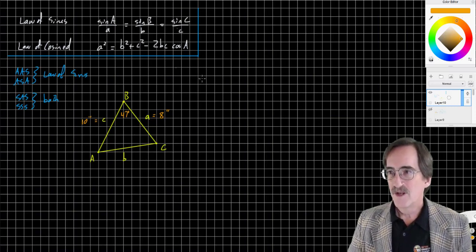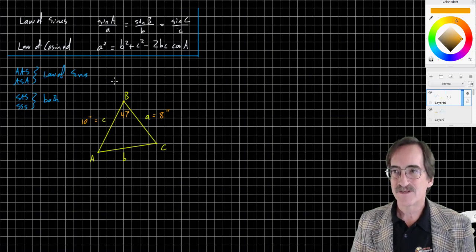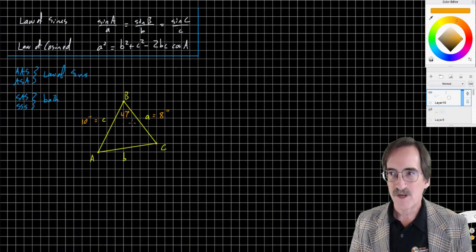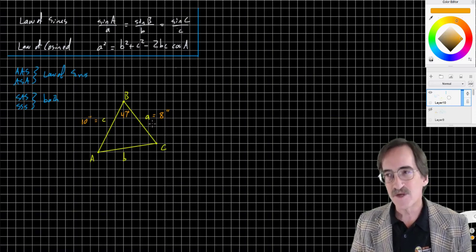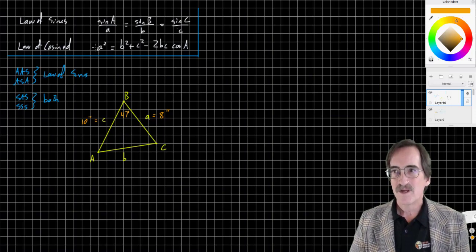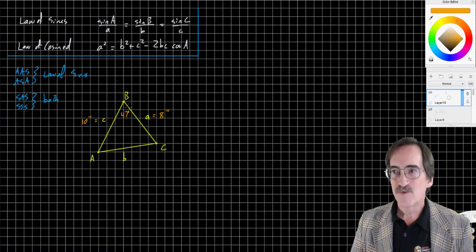If you remember it as a side squared equals the other two sides squared and added, minus 2 times the product of the other two sides times the cosine of the angle between them, this is not a problem. But I actually need to start with b and not a.